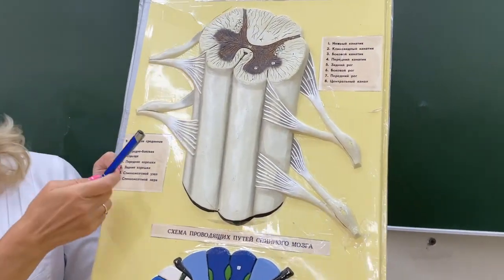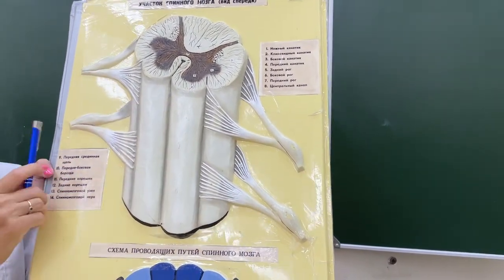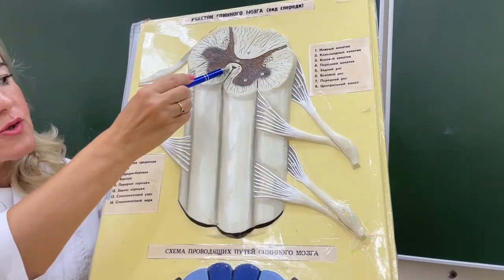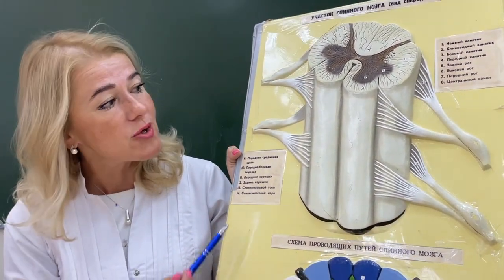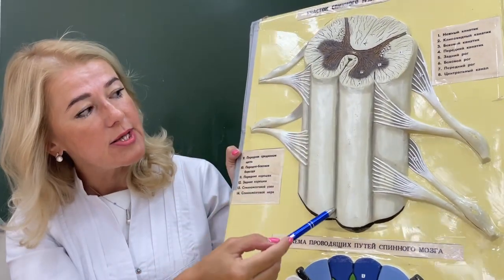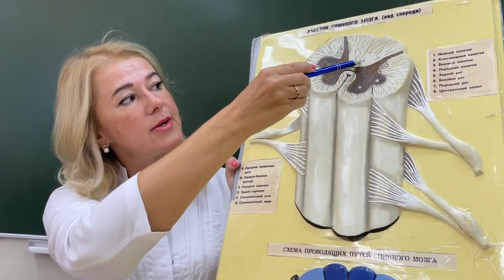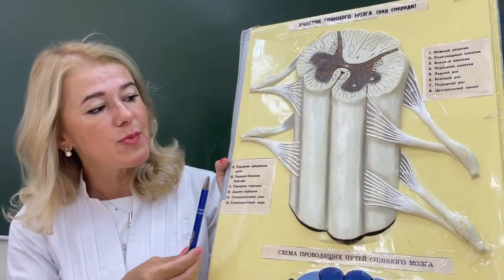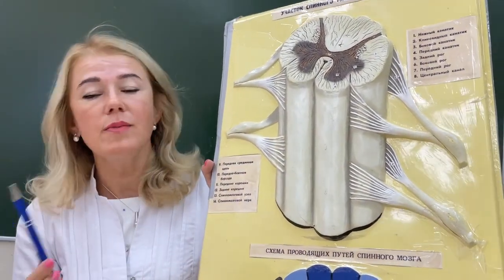You see that there is the anterior surface, and this surface has a deep groove, and this deep groove is called the anterior median fissure. Yes, it's really deep. Behind, on the posterior surface, there is a posterior median sulcus. It's already a groove. Well, we divide the spinal cord into right and left halves. They are symmetric.